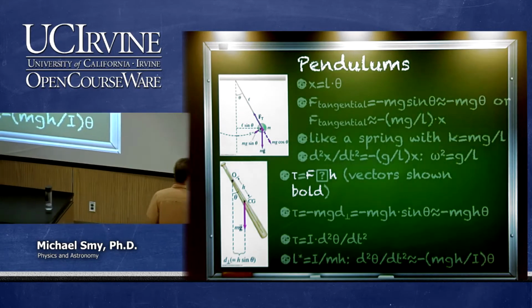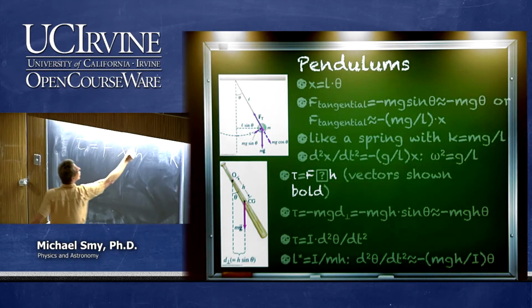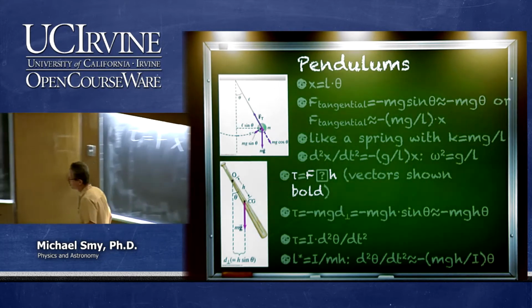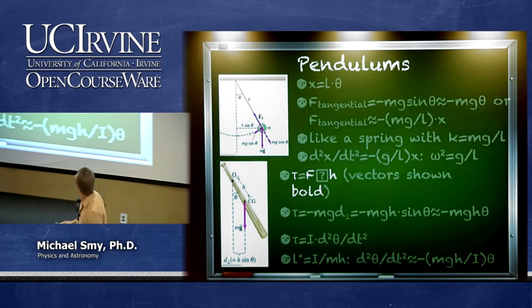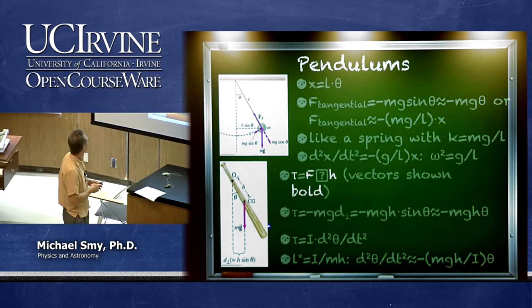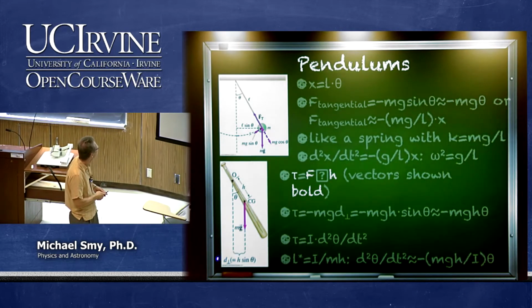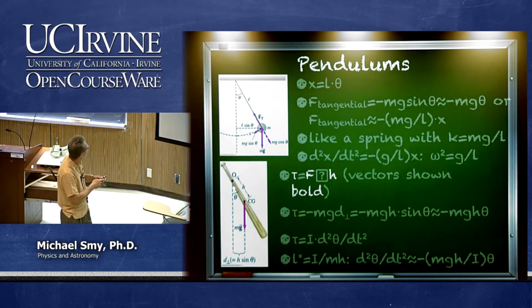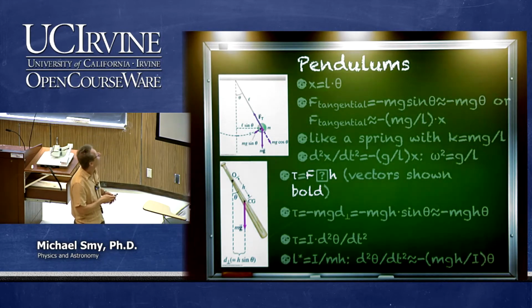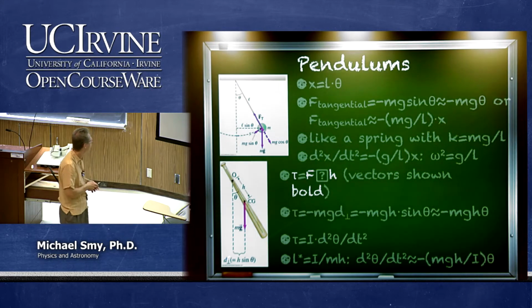So this is actually a vector equation. But if you don't like cross products, like most people do, then you can simply calculate the perpendicular distance, where you take into account this angle theta, and then the torque becomes the force times this perpendicular distance.